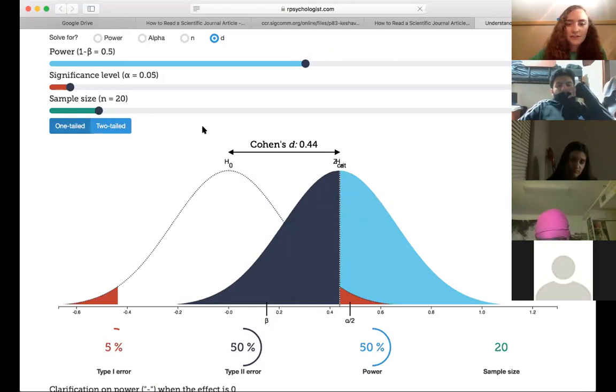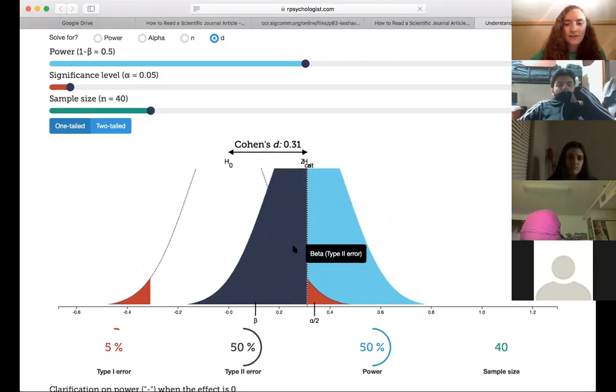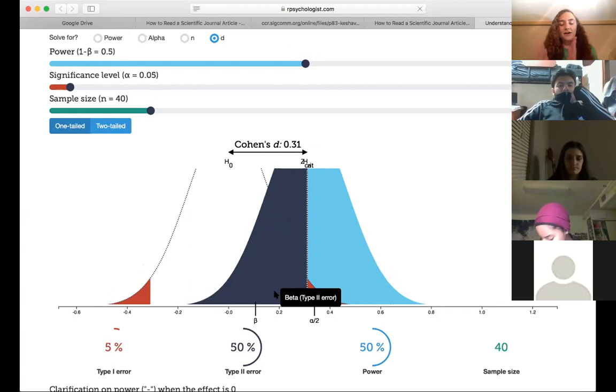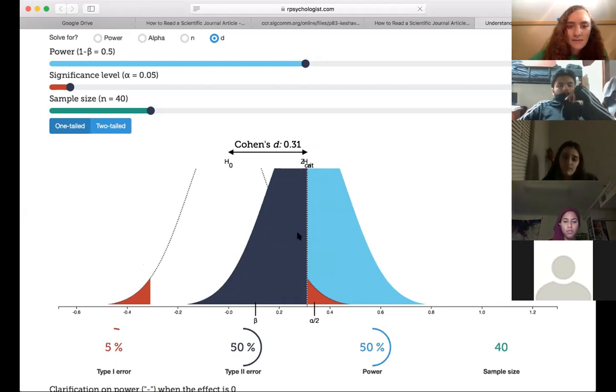So if we increase the sample size, and this is our beta right here, when we increase our sample size from 20 to, let's say, 40, you see how it makes more of an arch shape. It's more normalized, and the beta, the type 2 error, shrinks.